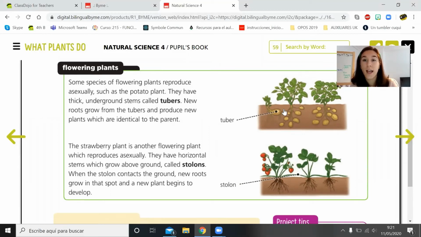The tubers is that one part of the stem is thick, like that is the potato, and it grows new roots and a new stem, and it grows a new plant. This happens under the ground. And the stolon is similar, but it happens up the ground. There is a part of the stem that is called stolon, and when it touches the ground, a new plant grows. I hope you kind of understand this.